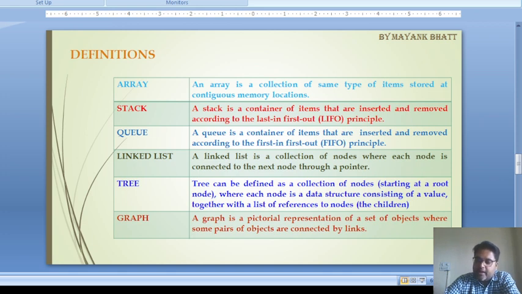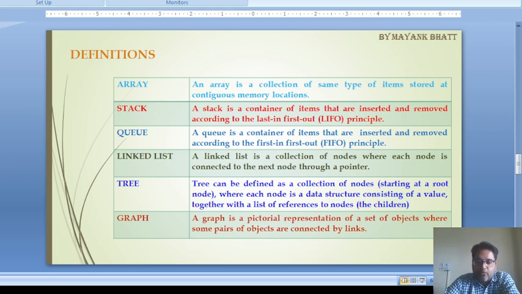Once we insert an element inside the stack, and then insert the next element in the stack, if we want to remove an element, the element which is stored at the last place will be taken out first. So that is called the last in first out principle.